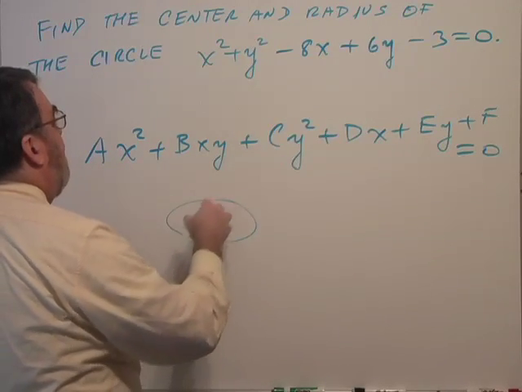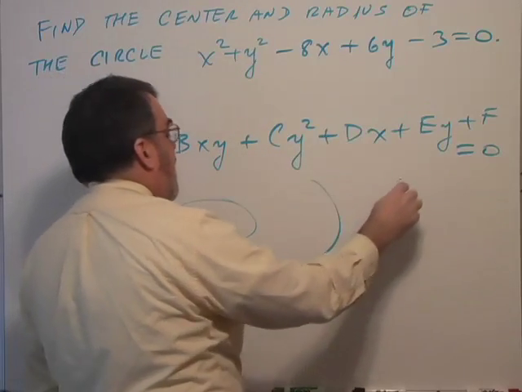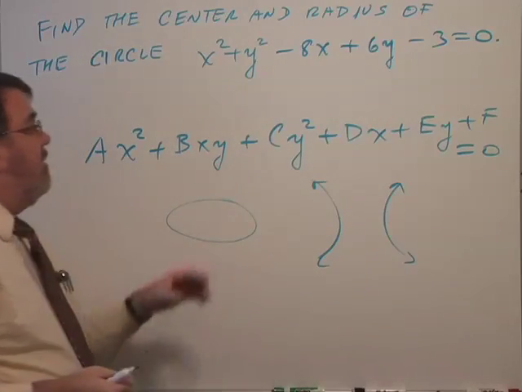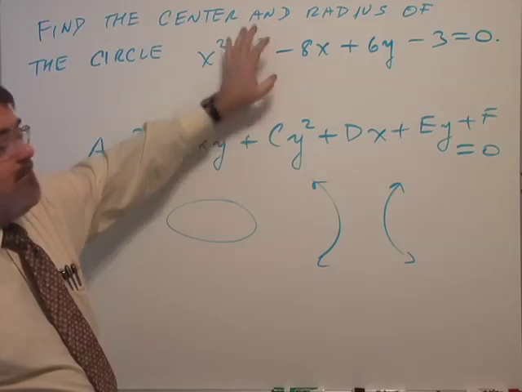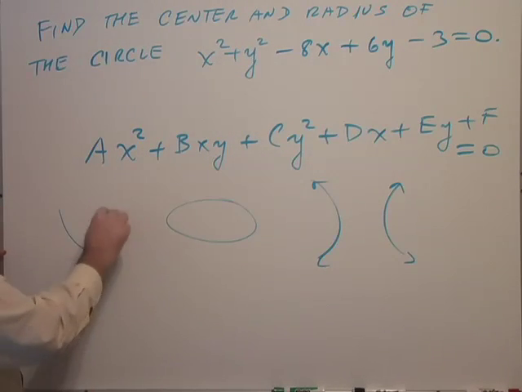If there was a minus in between here, then it would probably be a hyperbola shape. And if either x or y was missing, and there was no xy term, then it would be a parabola.